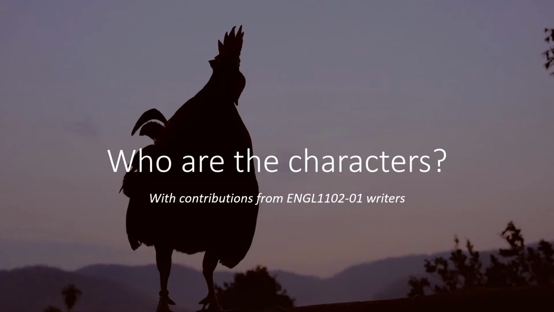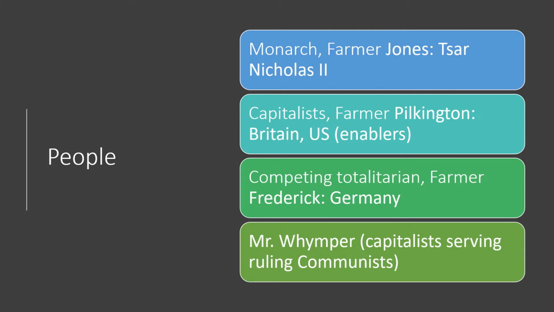Okay, we're going to review the characters. My writers from my 01 section contributed most of these comments in a discussion about the different categories. So the people, we know that Farmer Jones represented Tsar Nicholas.